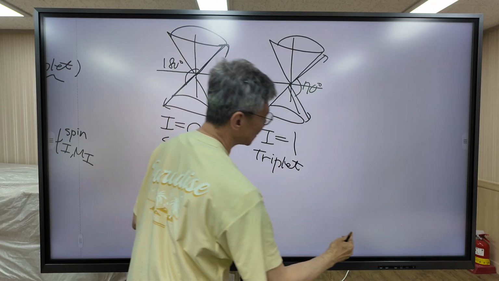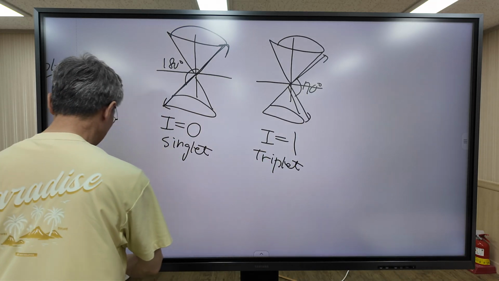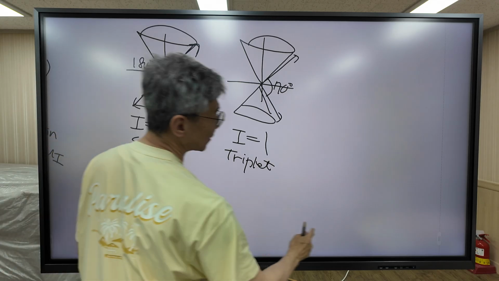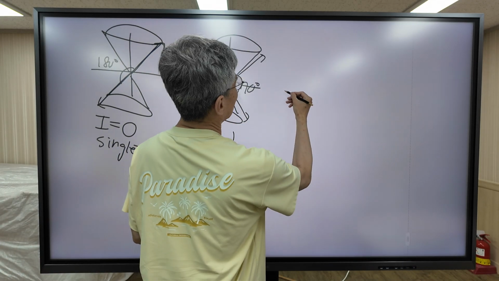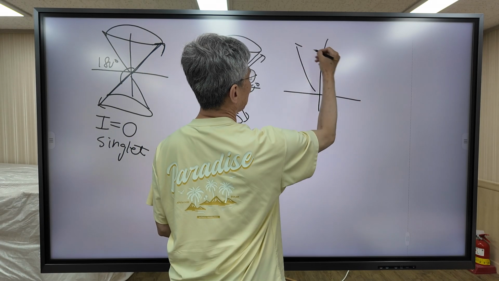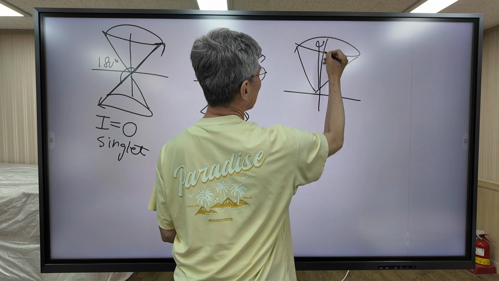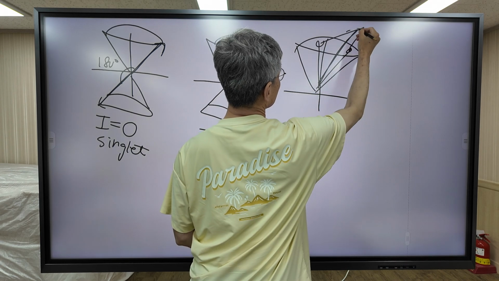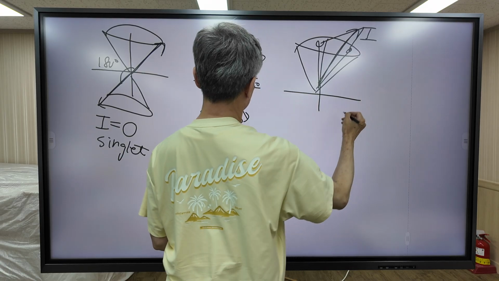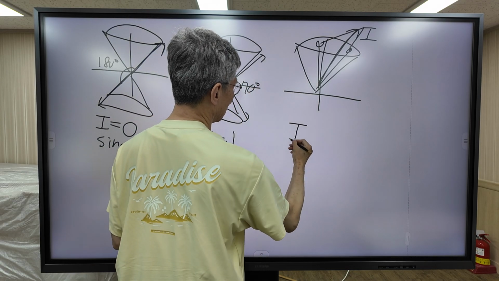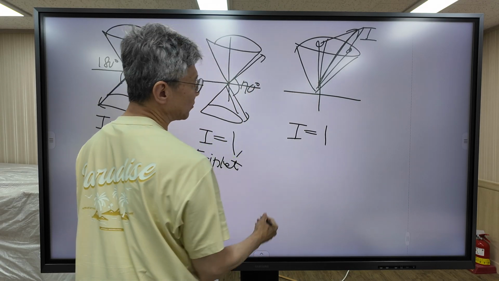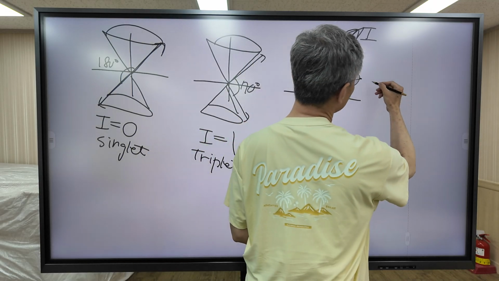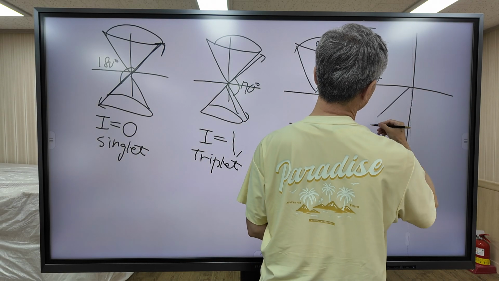And we have another triplet state in which both spins are up. This is also I equal 1, also a triplet state. And the other triplet state is where both spins are down.